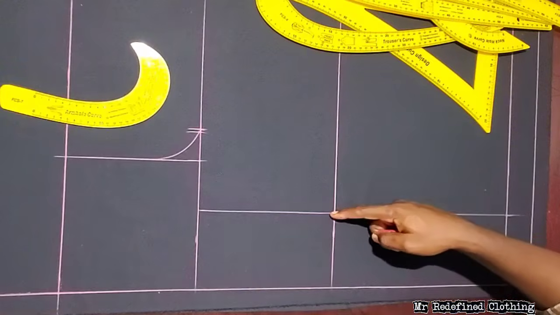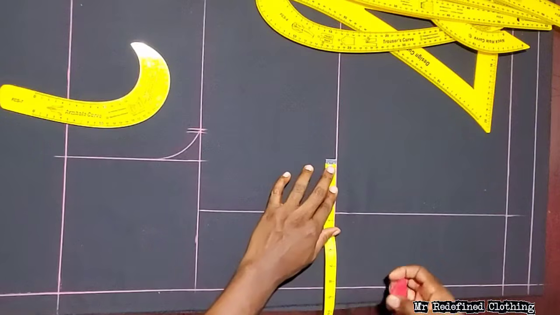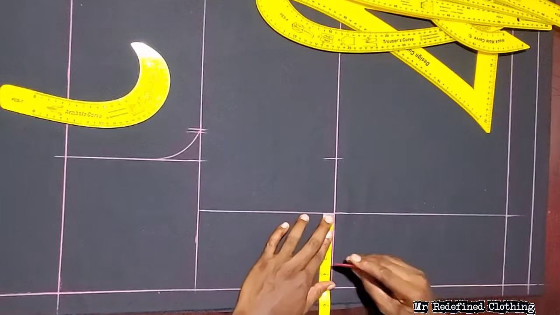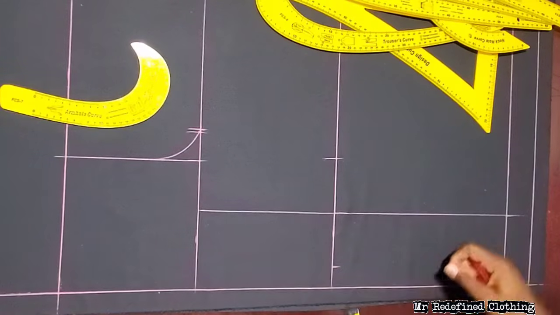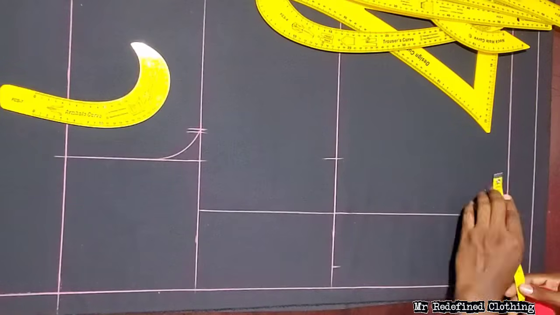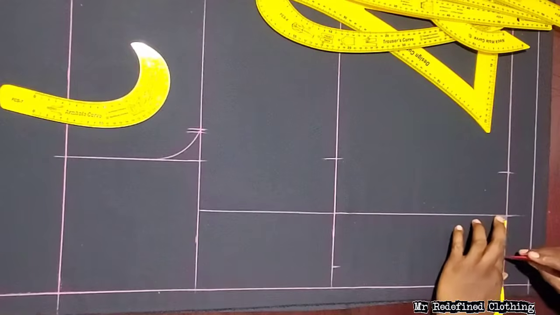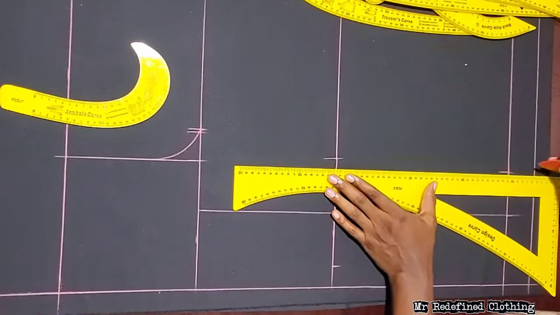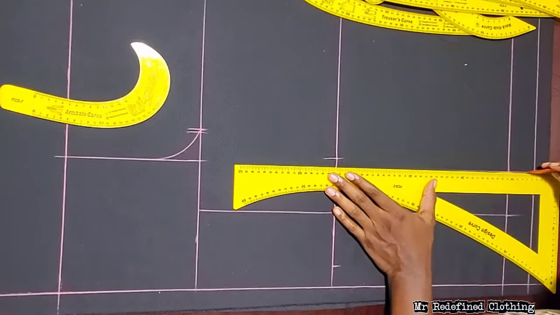So from the center point, mark 3.5 on both sides. Now the ankle is 12, that's 6, that's 3 inches on both sides as well. So that's for that. Then you continue this way.